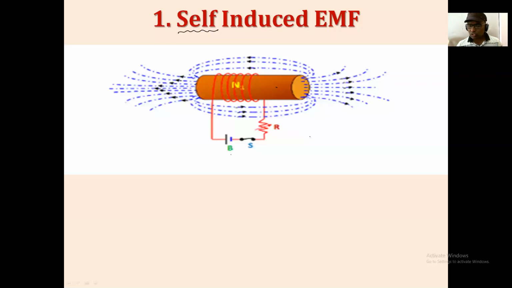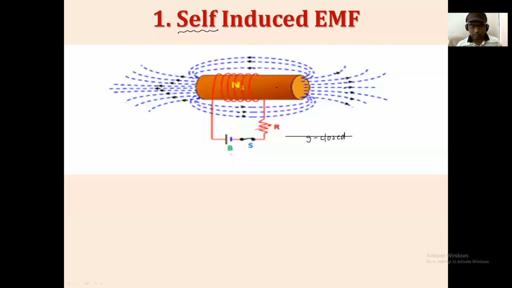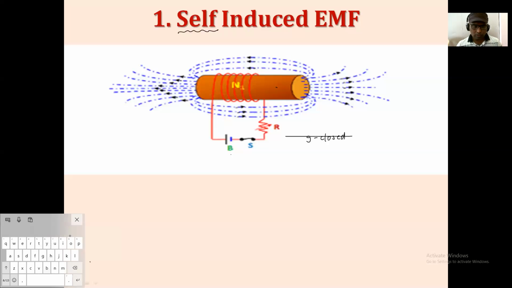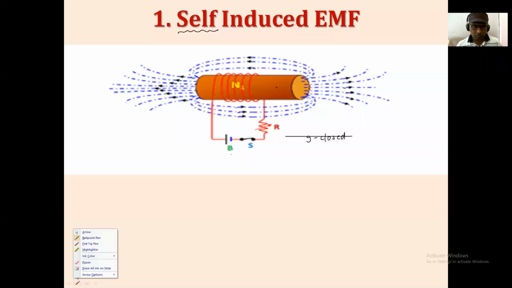When this switch S is closed, what happens? When S is closed, definitely a current flows through the wire. When current flows through the wire, according to the Oersted experiment, a magnetic field is produced.